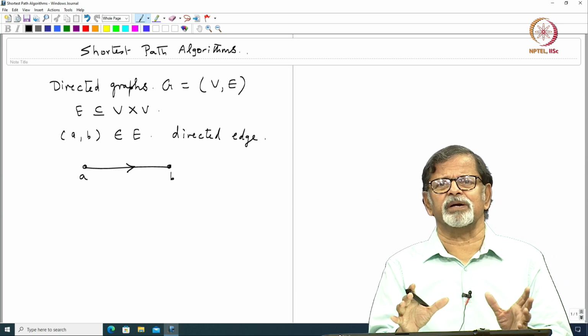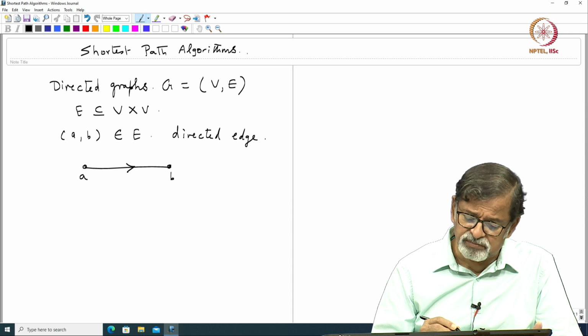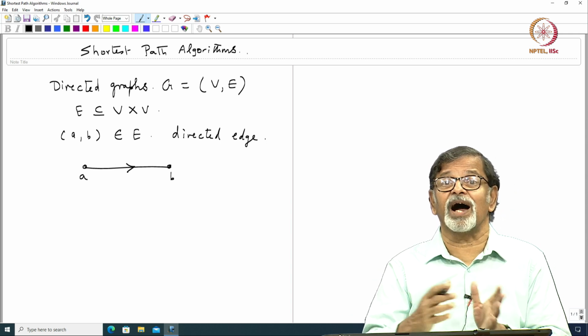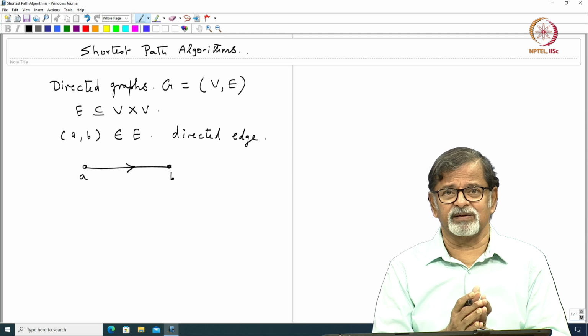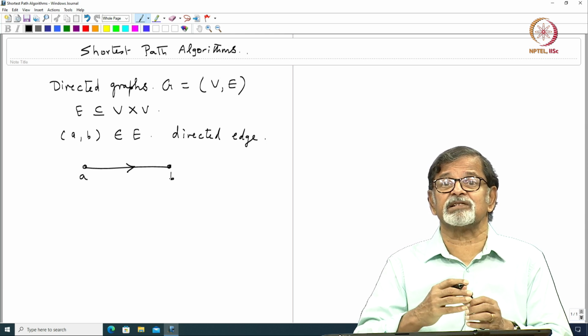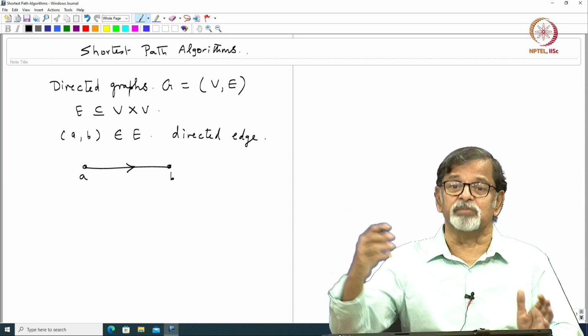Are A and B adjacent? The notion of path extends the notion of adjacency. So, adjacency defines the neighborhood. Paths account for reachability.